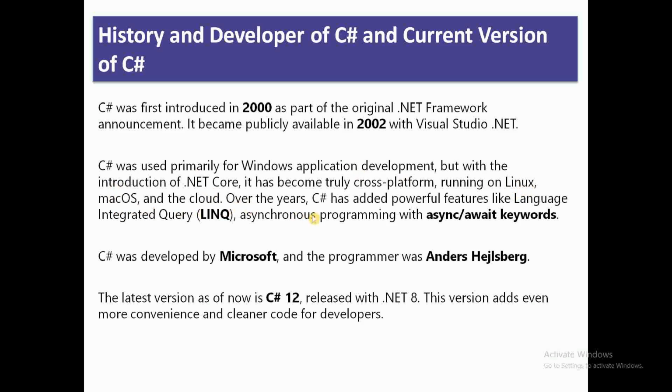And over the years, C# has added powerful features like Language Integrated Query, LINQ queries, and asynchronous programming with the async and await keywords. Language Integrated Query is like, suppose we are writing some queries on a SQL database, the same kind of queries we can write with LINQ, with Entity Framework, with lambda expressions if we want to get data from the database.